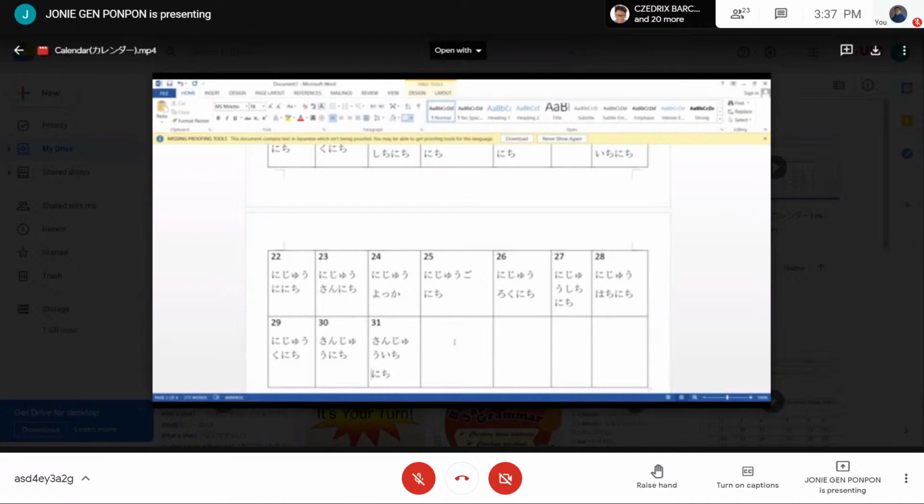So that's the Nihongo for the days of the month. Now we have completed the calendar.